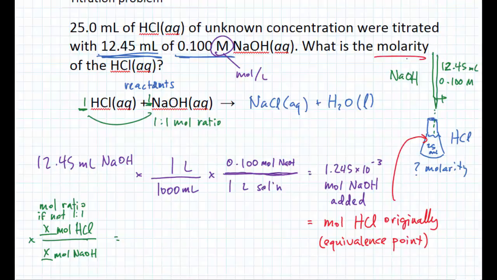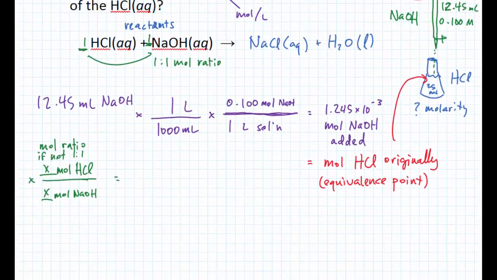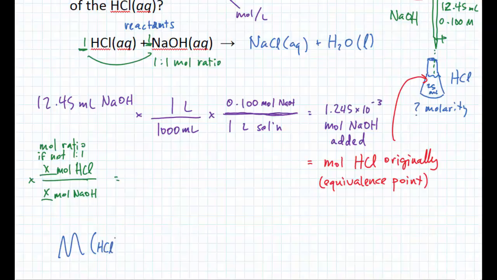The question asks, what is the molarity of HCl? How do we calculate molarity? Molarity equals what divided by what? Okay, so the molarity of that HCl solution is going to be moles of HCl divided by liters of that original solution.